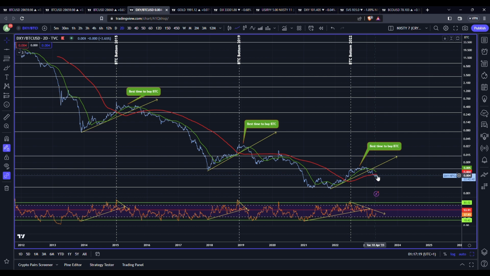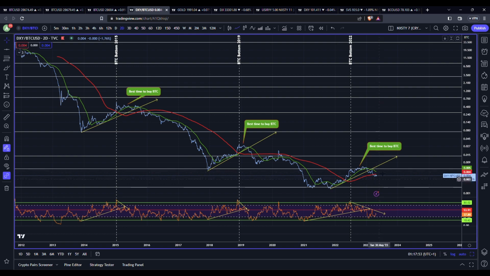So basically what we are experiencing here is very similar to what happened around this area. Although we broke and touched, the only thing that is missing at this level is the touch of the RSI below 1862, followed by the cross of the 50-day moving average below the 200.